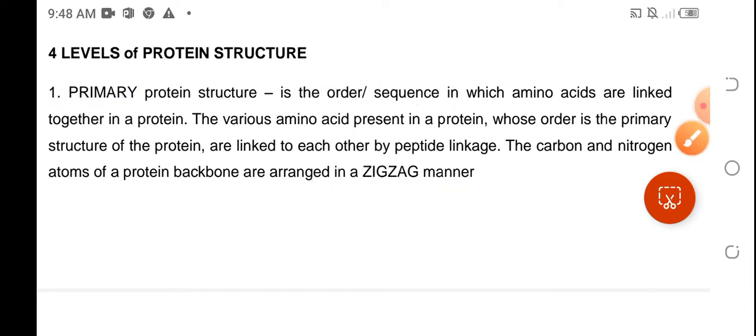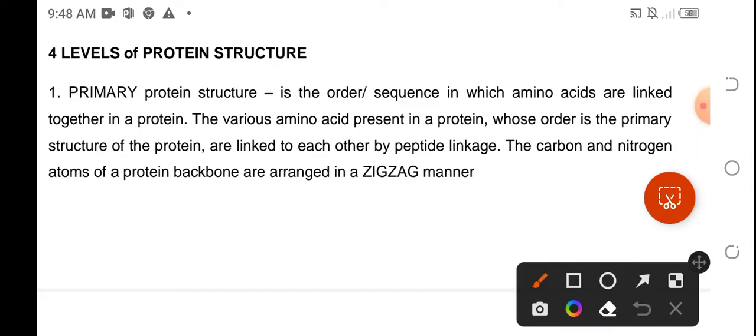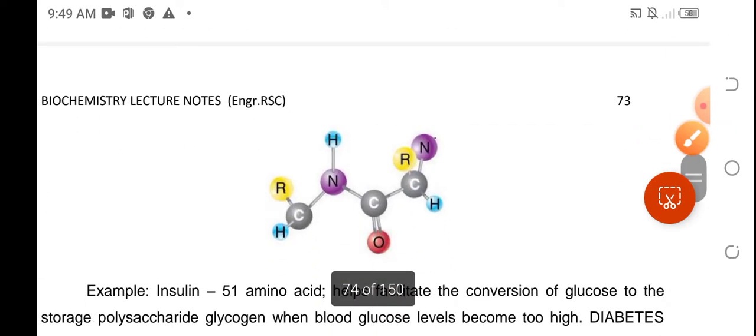Okay? And under the primary protein structure, this also refers to the zigzag orientation of the carbon atoms and nitrogen atoms that are present in the protein backbone. Okay, so paano ito?